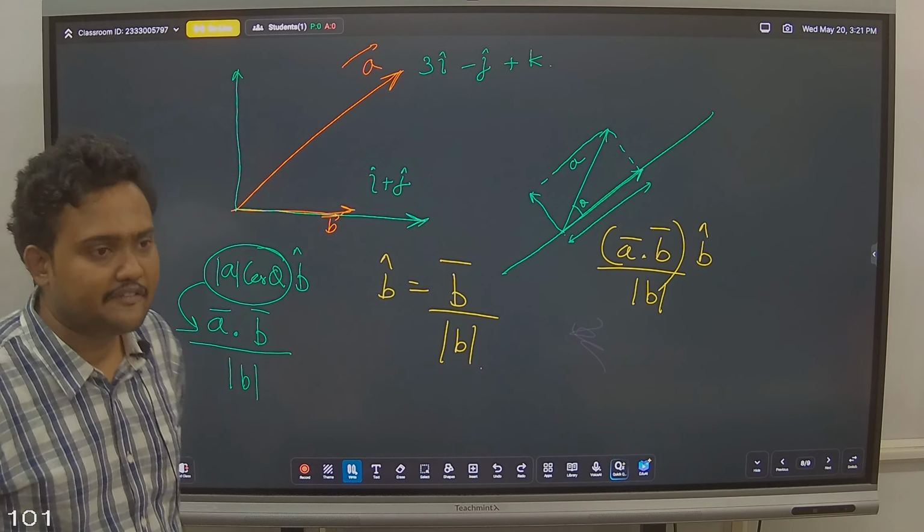But let's say this is 2i plus 2j. What is going to be the value? What is going to be the component of A along 2i plus 2j? What is going to be the component of 3i minus j plus k along 2i plus 2j?